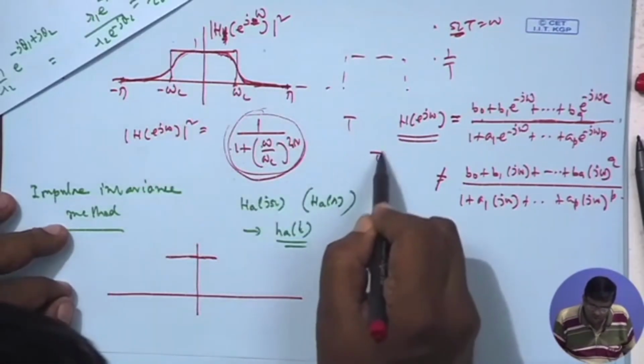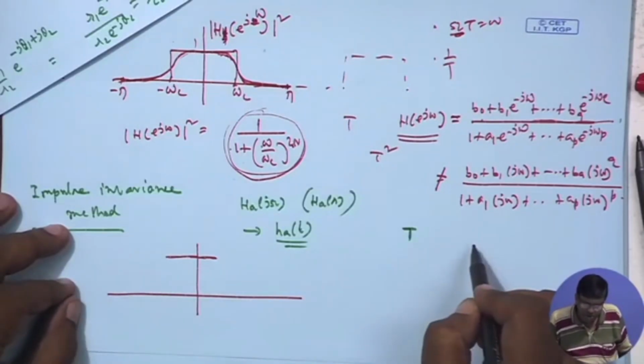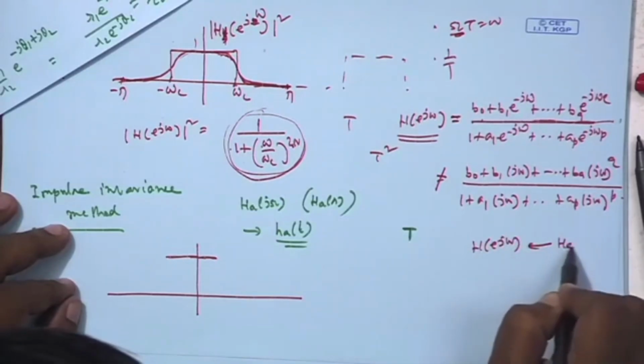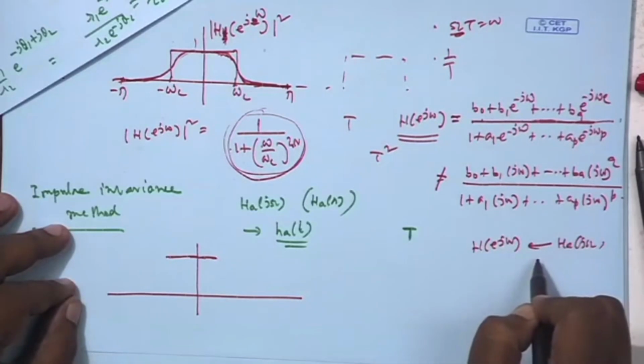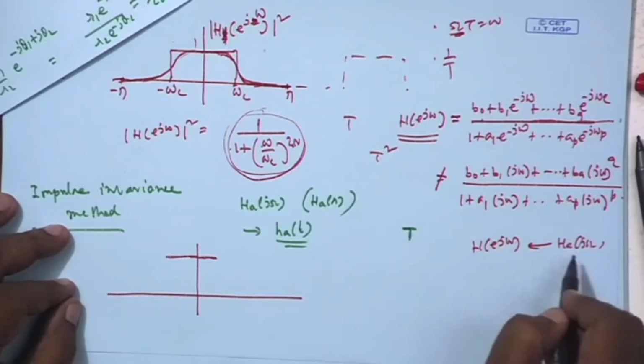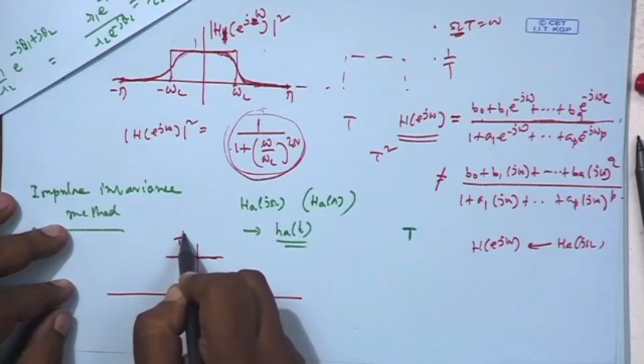Now it will be multiplied by T square, because the DTFT is a scaled version of this by 1 by T. If we take the mod and square, it is 1 by T square of that. So going back, it will be T square times, this value will be T square.